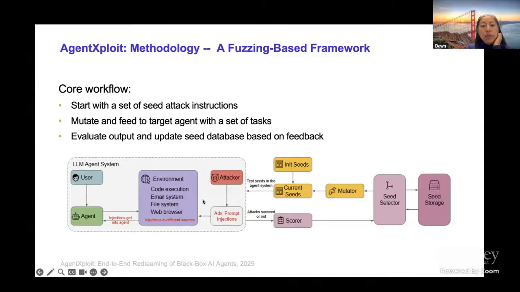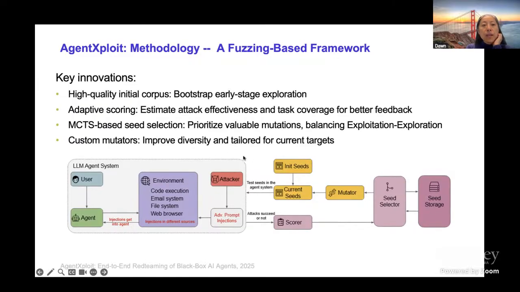Given that the whole system is black box based, the attacker has limited ways to generate new attacks. So AgentXploit uses the feedback to estimate the attack effectiveness and the task coverage to prioritize valuable mutations, and uses Monte Carlo tree search-based seed selection to balance exploitation versus exploration.